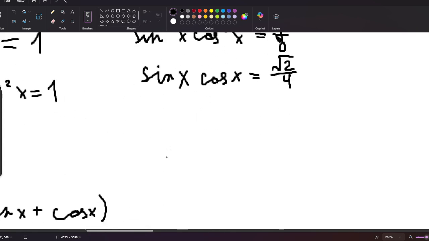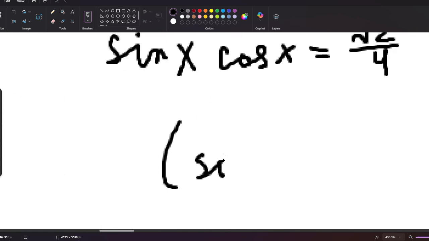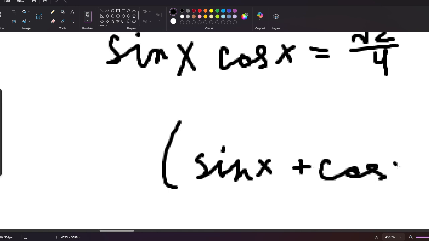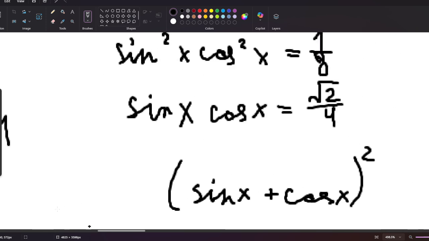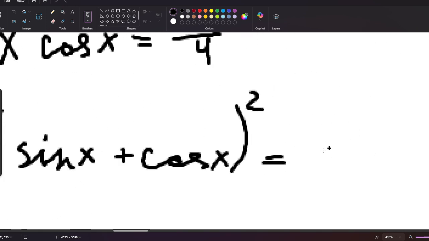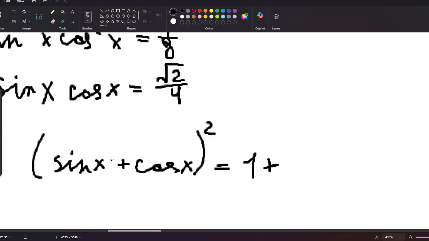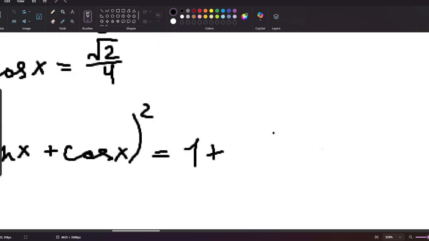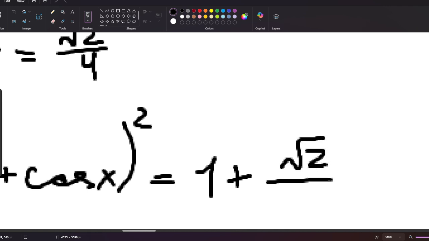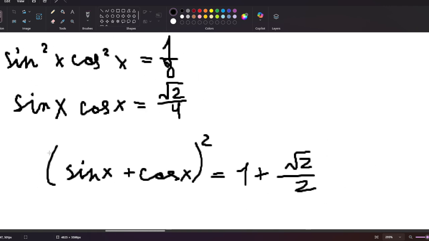For that, I would look into sine of x plus cosine of x squared, which is going to be equal to 1 plus 2 times this product, which is square root of 2 over 4, so square root of 2 over 2. So the sum is going to be just the square root of the right side.